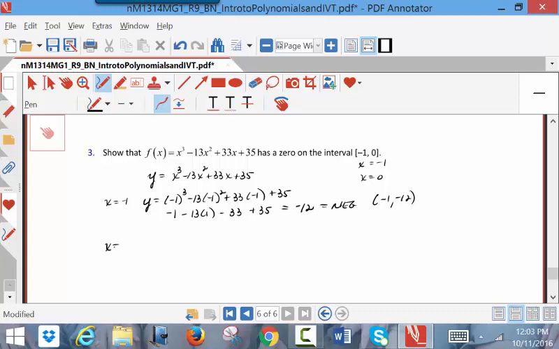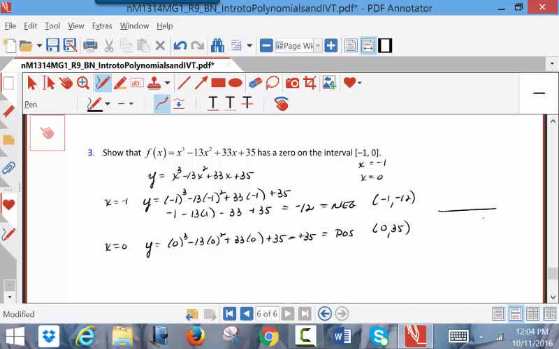So when x is 0, this should be easier. This is 0 cubed minus 13 times 0 squared plus 33 times 0 plus 35. That's easy, right? That's a positive 35, which is the ordered pair 0, 35. So my y value went from negative, under the x-axis, to positive.